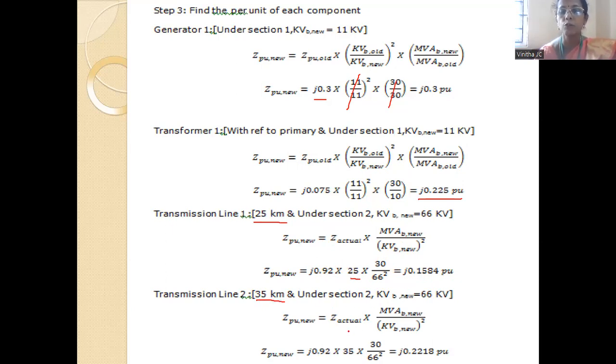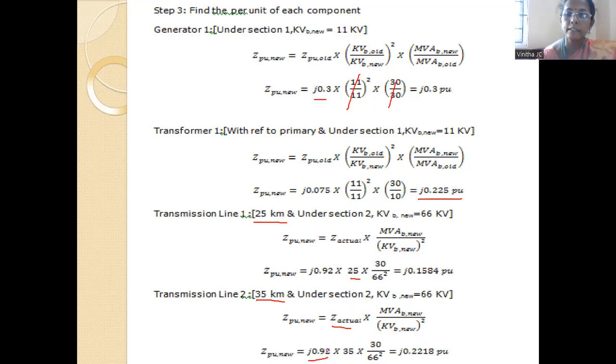Similarly, for the 35 kilometer length of the transmission line, we have to calculate Z per unit. It is again the same formula. If the value of the reactance is given in ohms, we need to use Z per unit new is equal to Z actual divided by Z base. So this is Z actual divided by the base value, that is KVB the whole square divided by MVAB. Substitute the value j0.92, and you can substitute the values for KVB and MVAB.